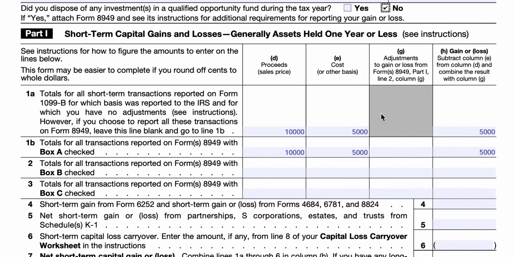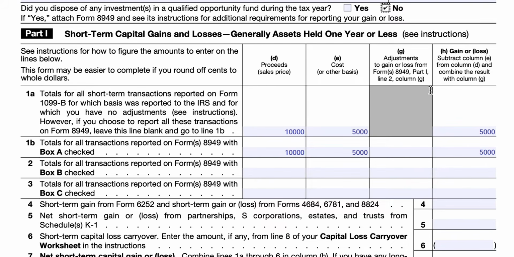That treatment ranges from 0 to 20% at the maximum, depending on your marginal tax bracket. A taxpayer at the 24% tax bracket would actually only pay 15% in capital gains on that same transaction if the holding period was 1 year plus a day or more. That's the difference between short-term and long-term capital gains treatment.